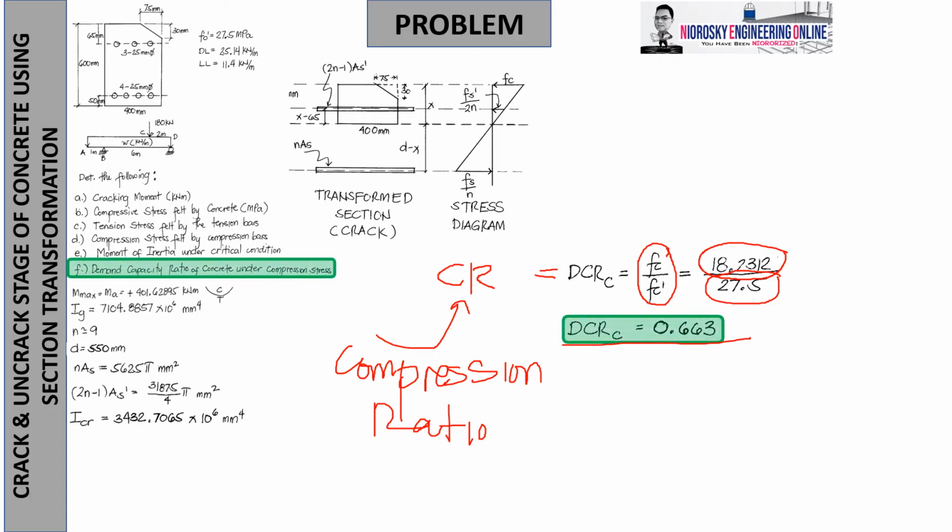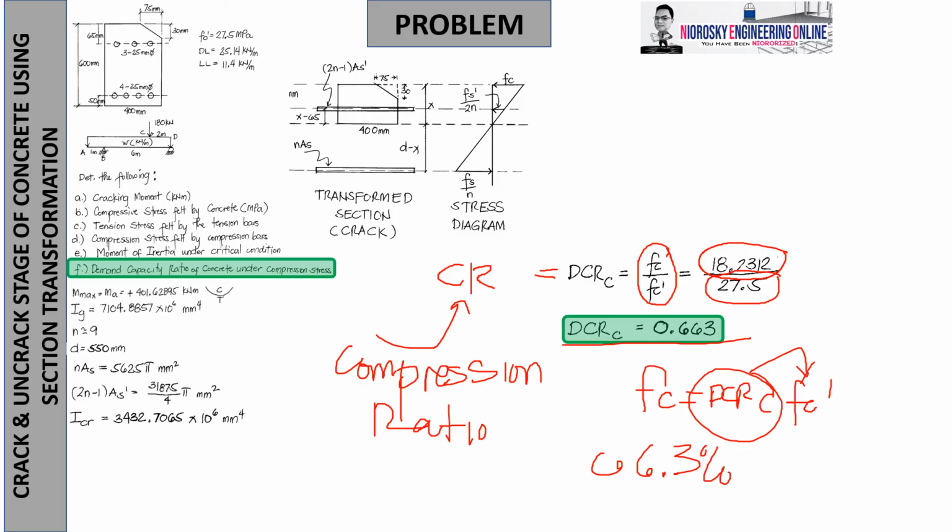Ano ba ibig sabihin ng 0.663? Meaning, fc is equal to the DCR under compression times fc prime, meaning this is the utilization percentage value. So meaning we have used only 66.3% of the strength available for that particular concrete beam. So yan ang ibig sabihin yan.